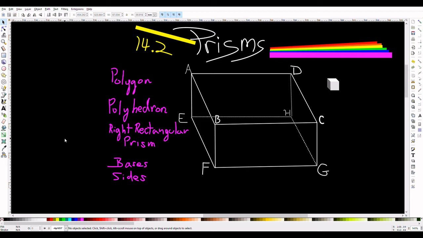Someone could say, with the shape that I'm looking at, ABCD is a side, and that would make BFGC a base. But bases and sides are a helpful way of referring to prisms and other three-dimensional figures.